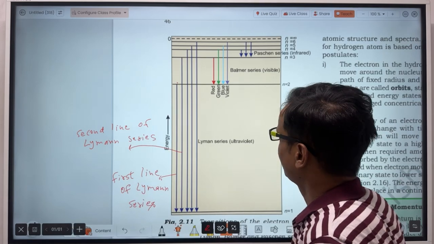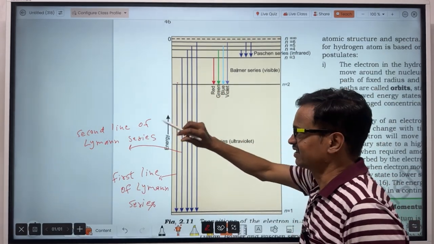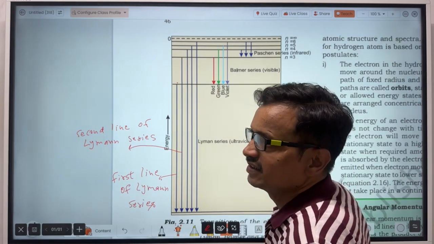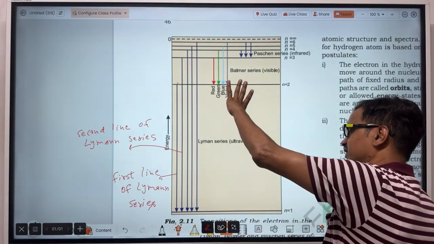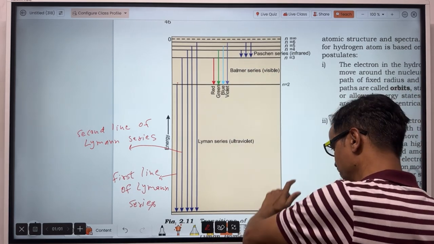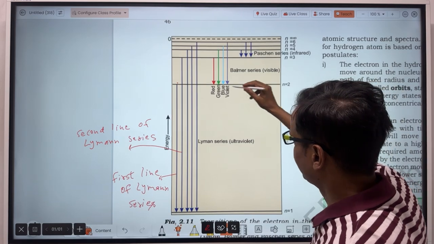So what have you realized? The energy will be very high. The difference of energy between n equal to 2 and n equal to 1 is very high.